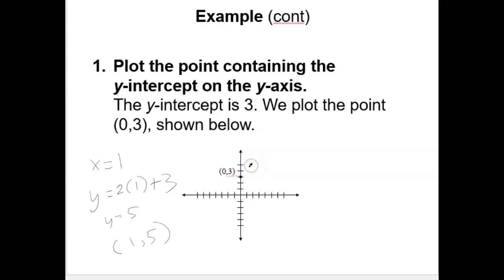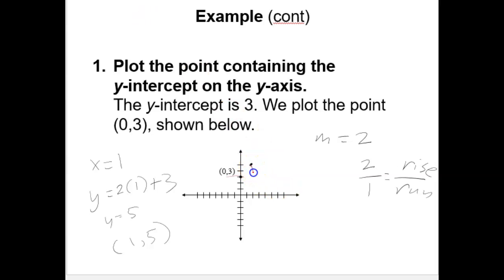But if you are more visually able than I was as a student, if you like to see things better, I didn't work as well from seeing things. The numbers made more sense to me. You can use the slope. You were told the slope is 2. 2 is the same as 2 over 1, and you have to remember slope is rise over run. We're going to see this again on the next slide, but for now let me show you.